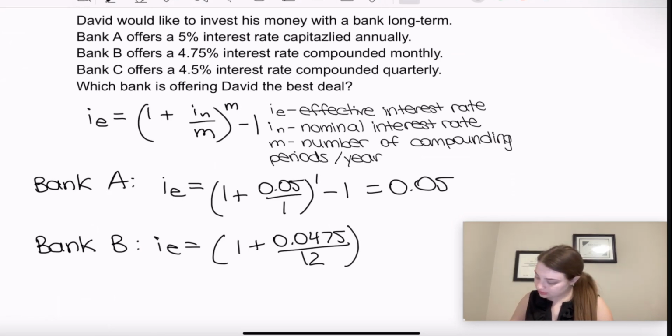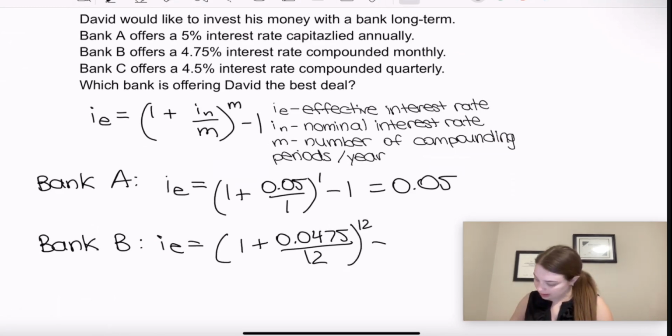And this is also to the power of 12, right? Because we put m up here as well, -1. So if I type that in a calculator, 0.0475 divided by 12, plus 1, to the power 12, minus 1, I get 0.049 when I round to the nearest three decimal places.